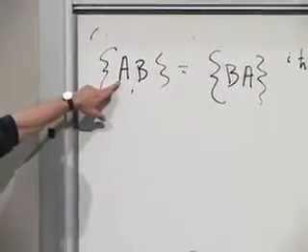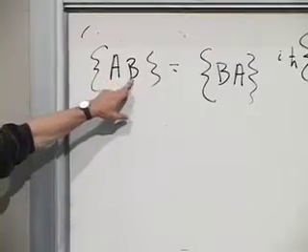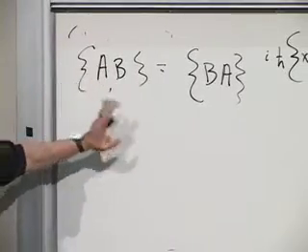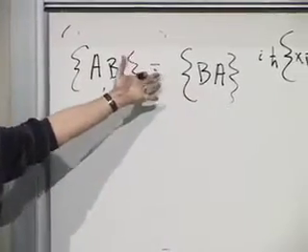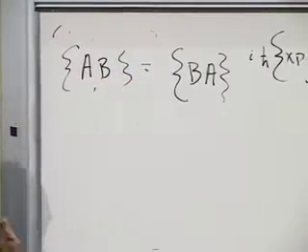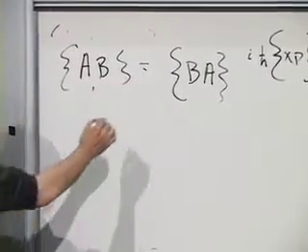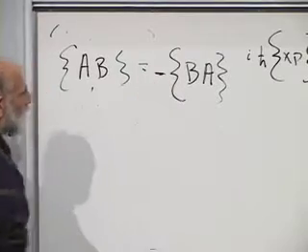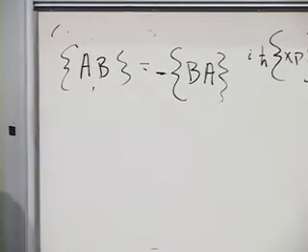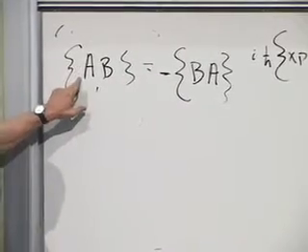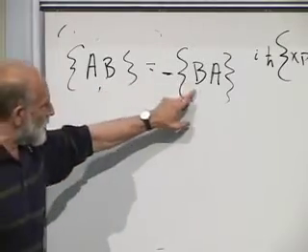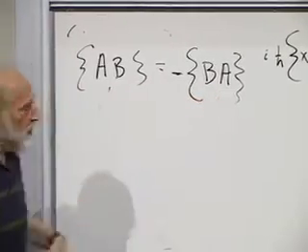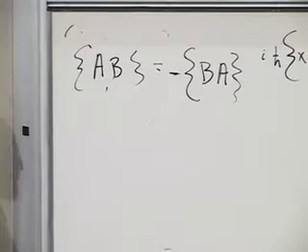Well, one of them is derivative of A with respect to x, derivative of B with respect to p, minus the opposite. The other one is exactly the same thing, except in the opposite order. They're negatives of each other. Poisson brackets have this anti-symmetry: the Poisson bracket of A with B is minus the Poisson bracket of B with A. Well, of course, that's also true of commutators.